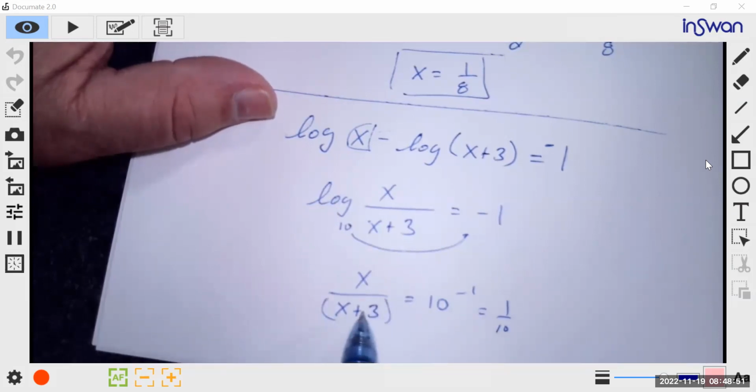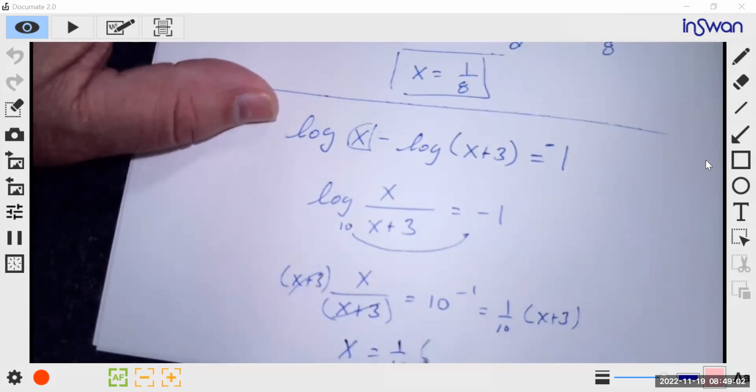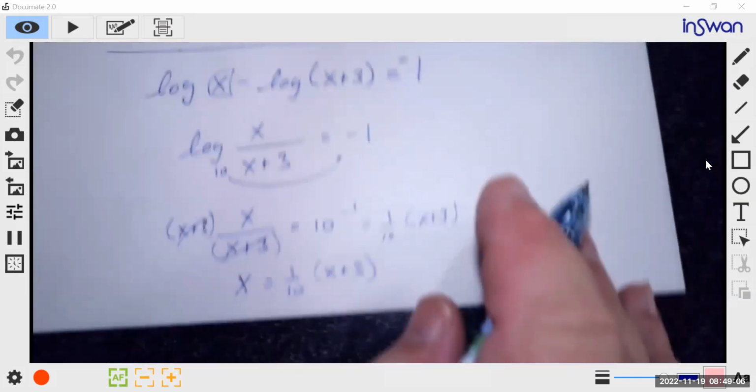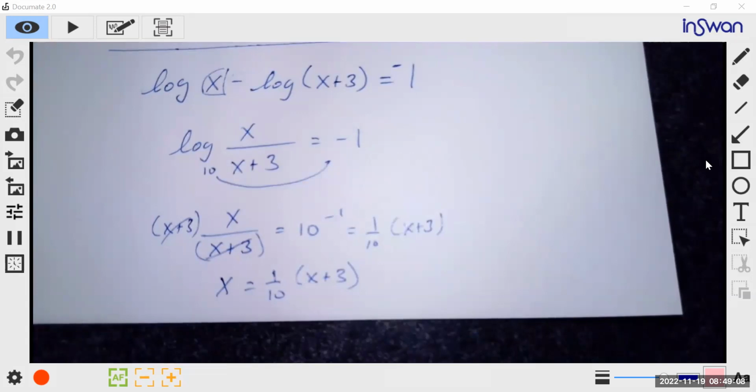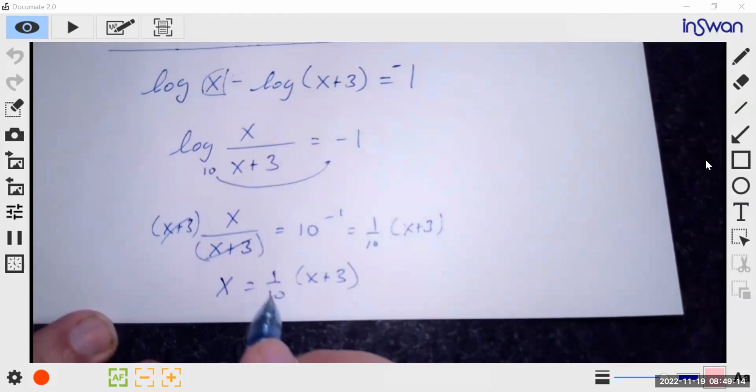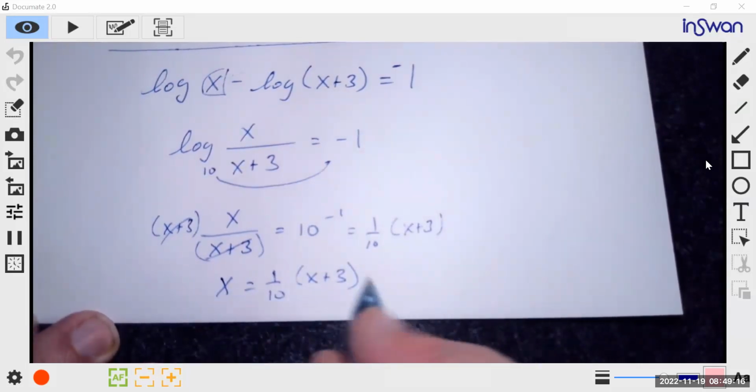Since we have an equal sign with fractions, multiply both sides by the LCD, which is x plus 3. We have a fraction and equal sign, so the LCD is 10.